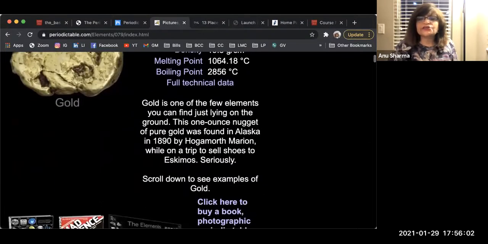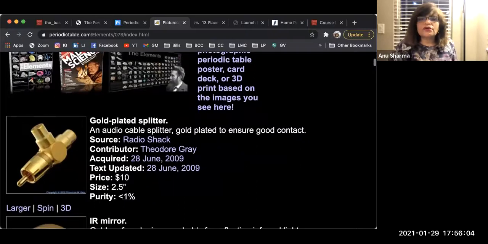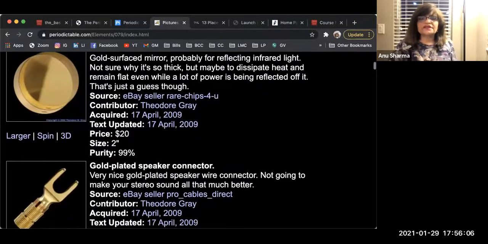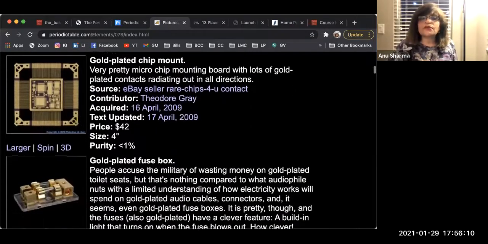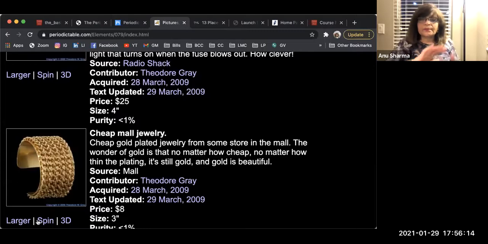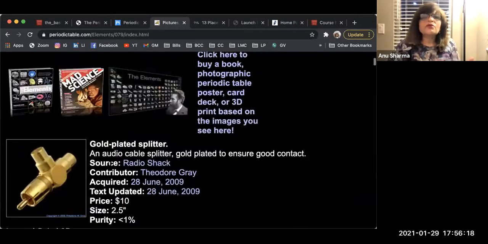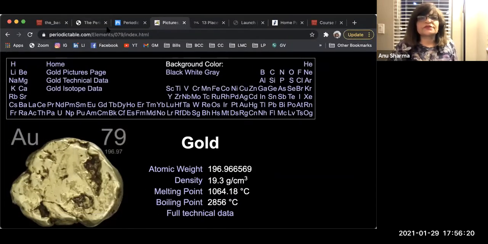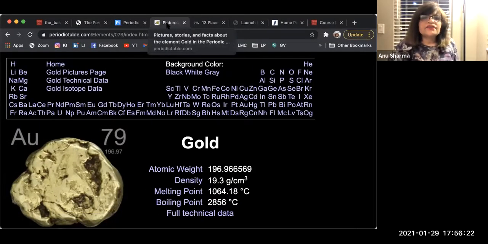So it's the least reactive. Gold can be made into thin sheets, so it can be used for electroplating also. You can plate jewelry with gold to make it look like gold, although it may be silver or some other base metal. So those are the properties of gold.